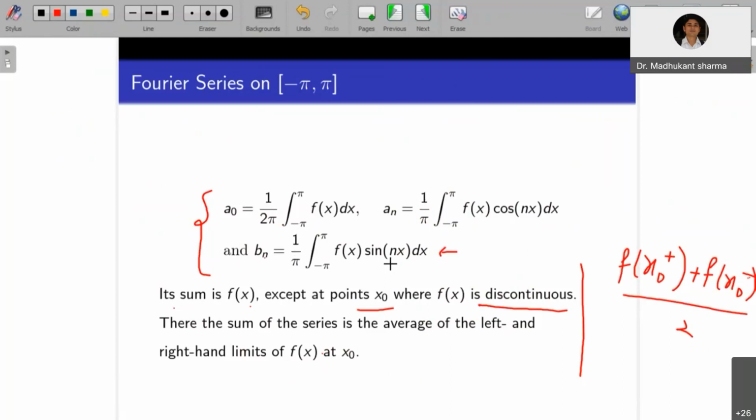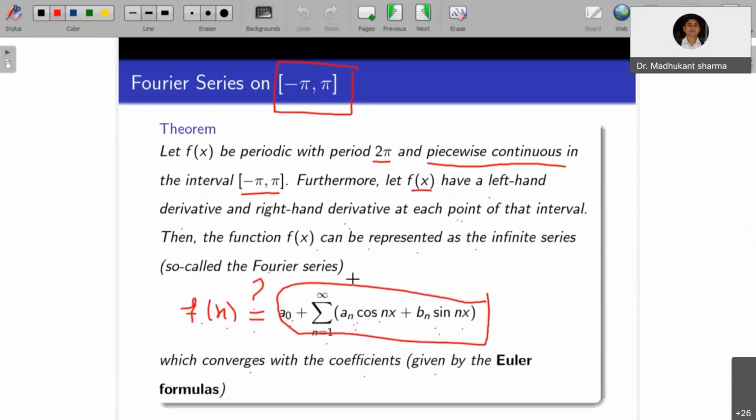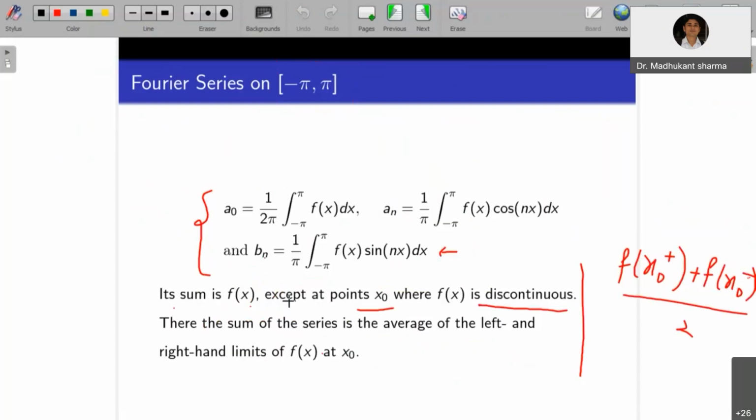Moreover, in most textbooks, they may write a naught by 2 plus something. Why is it so? So that this 2 will be removed, and instead of n equals 1, 2, 3, 4 and so on, you can start here with n equals 0.